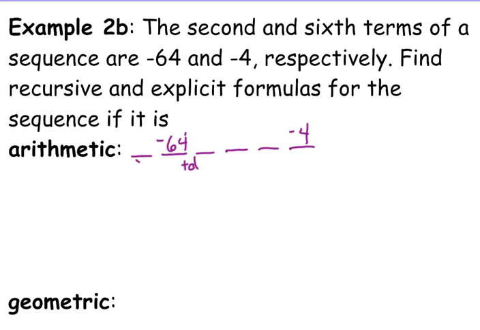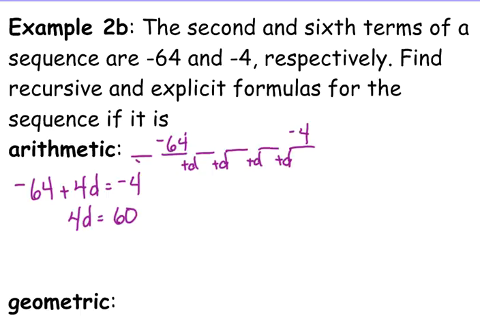So we are adding the common difference 4 times. We start at negative 64. We add our common difference 4 times, and we end up at negative 4. So if we add 64 to both sides, that gives us 60. So that means that 60 divided by 4 is 15. Our common difference is 15.